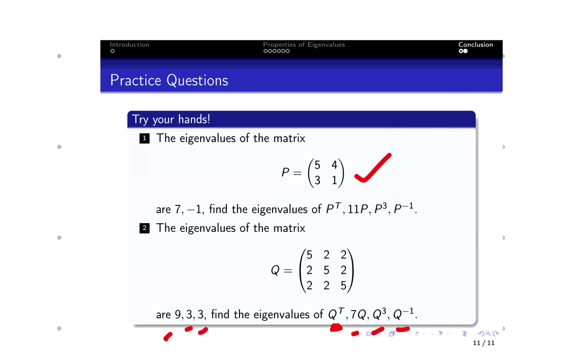For Q cube, the eigenvalues are going to be each of them raised to power 3. And for the inverse, the eigenvalues are just going to be the reciprocals of the ones you have been given already. So it's so interesting, so sweet. So try your hands on this and see what you get. Of course, you may want to satisfy your conscience to go through the normal process to confirm that these rules actually work.